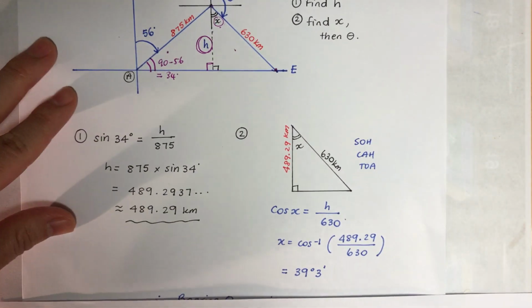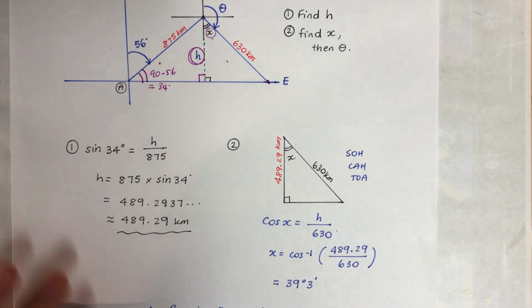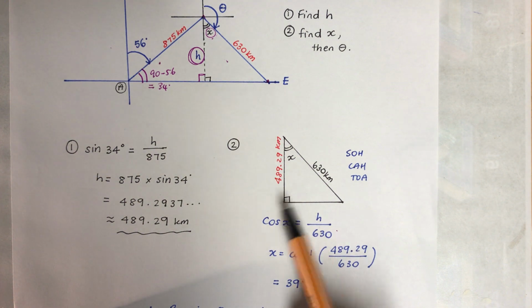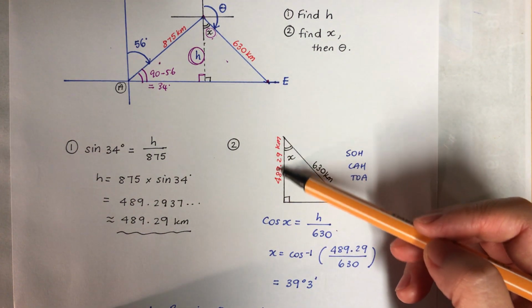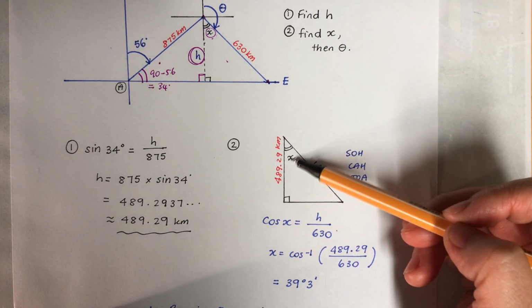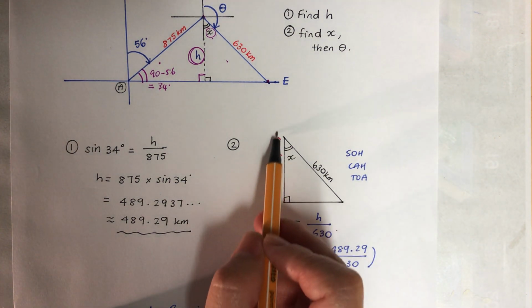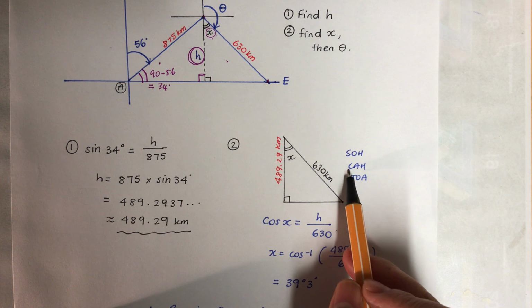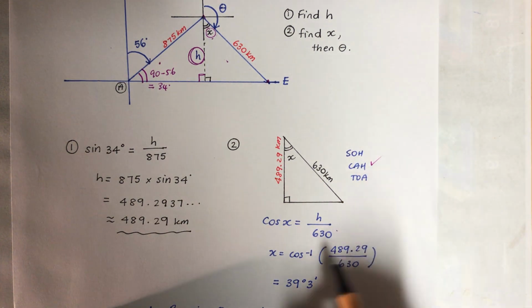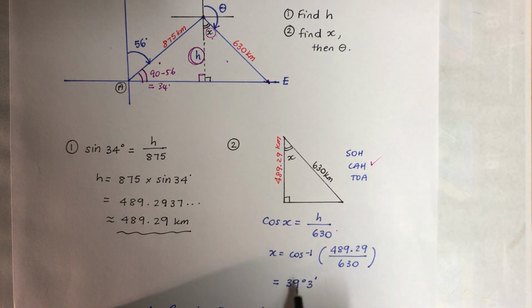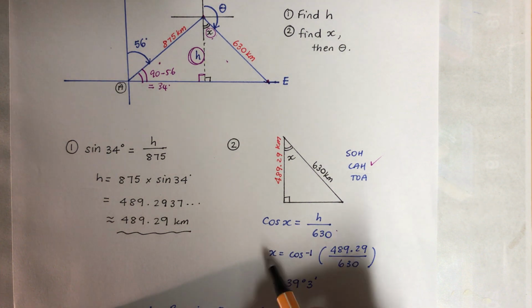And then I'll go on the other side, this triangle right there. I found h, and I've got x there, 630, and I can use cos, isn't it? So that's cos x equals h over 630. Remember, for an angle we have to use the inverse trig ratio.